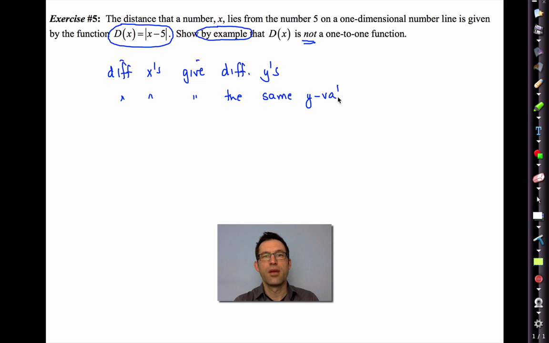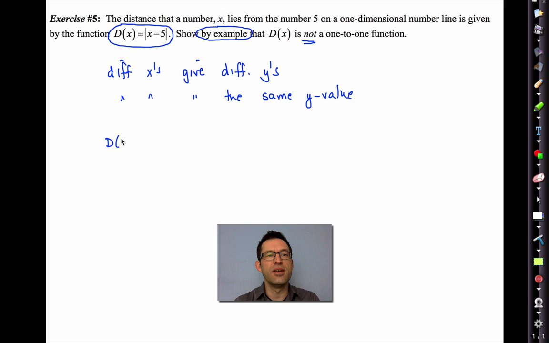All right. So what I'd like you to do right now, and you could use your calculator to help you out too, is try to find two different x's that give the same y for this function. Pause the video right now and play around with it. All right. Well, there's lots and lots of great choices, but here's two that work.